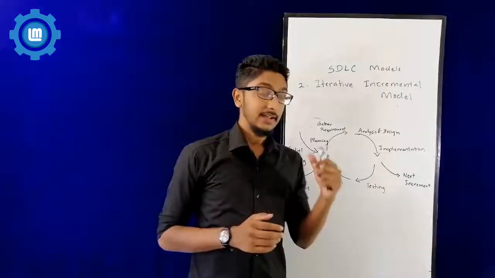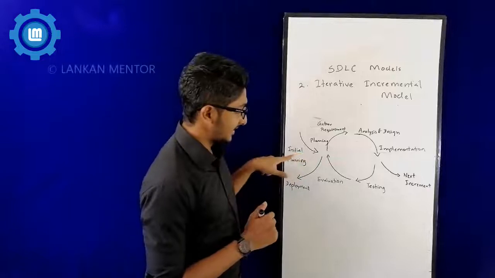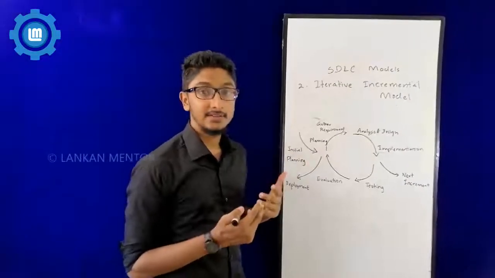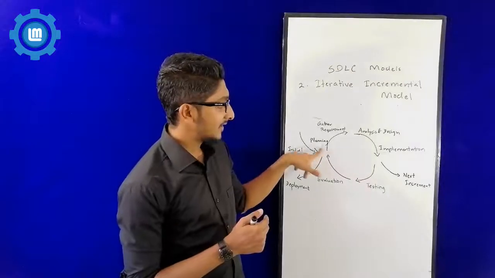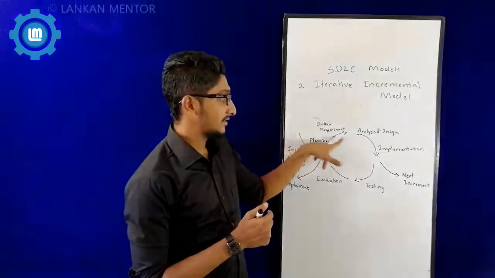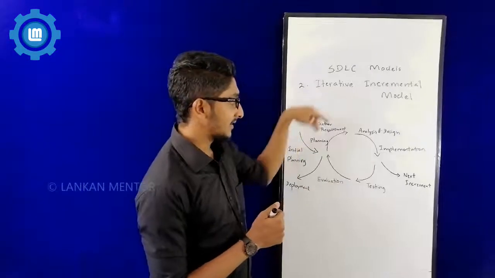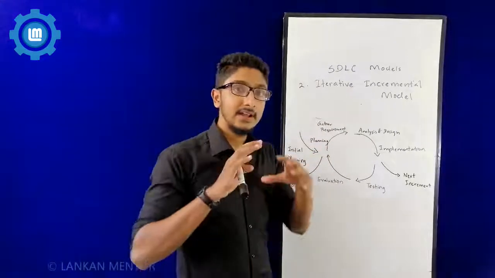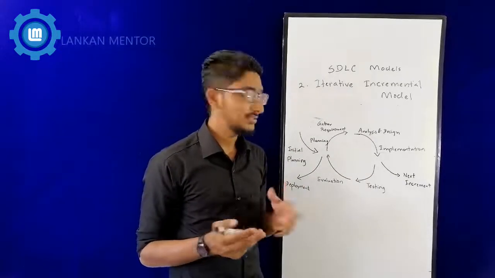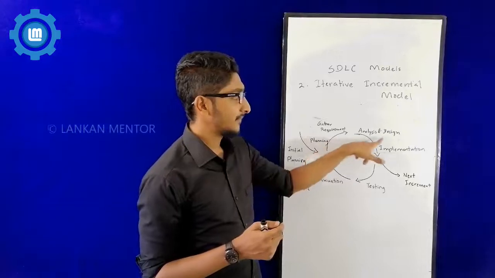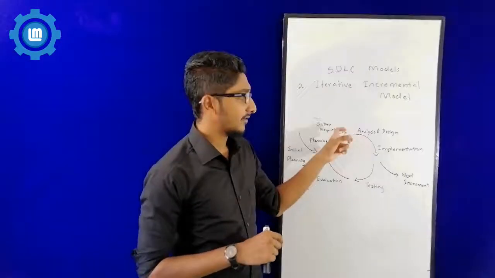So now in this iterative incremental model, you see the initial planning or initial requirement gathering is through this, right? After that, you plan the requirements, you gather the requirements, and gathering means after planning, if you need any other requirements according to the plan, then you gather them, you do the analysis, and then you design the requirement.